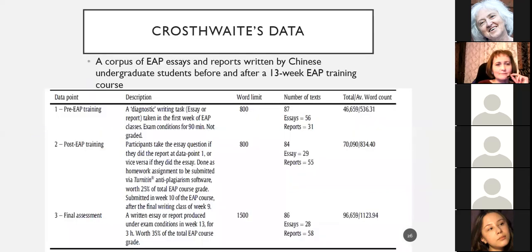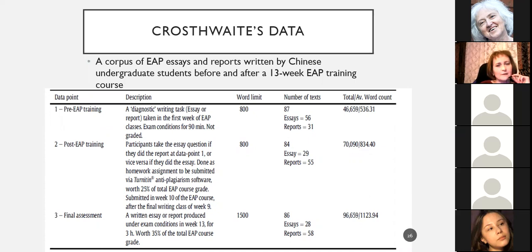So on this slide, you can see the data that the author used. He used a corpus of EAP essays and reports written by Chinese undergraduate students before and after a 13-week EAP training course. So in fact, his corpus comprised 3 sub-corpora.